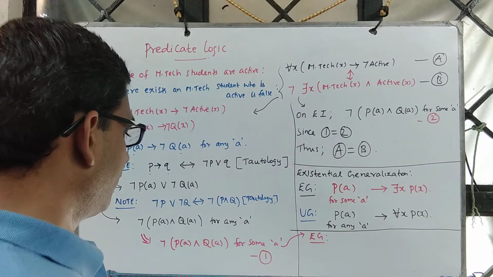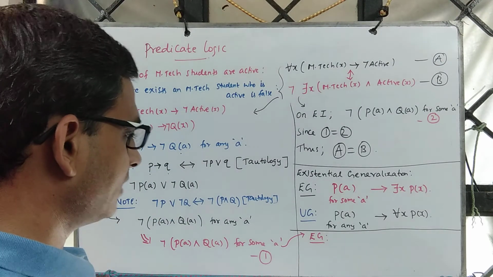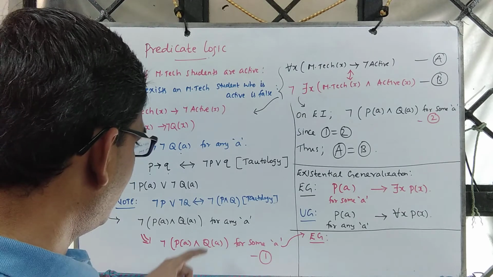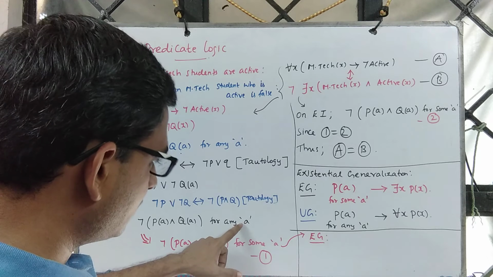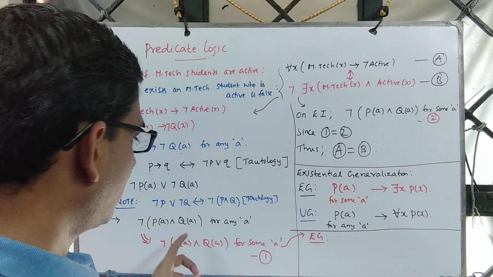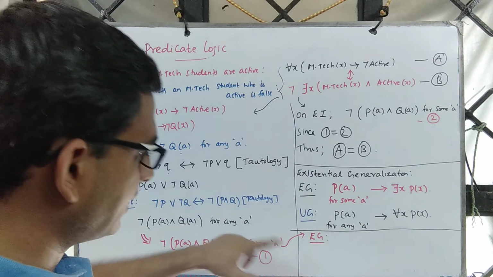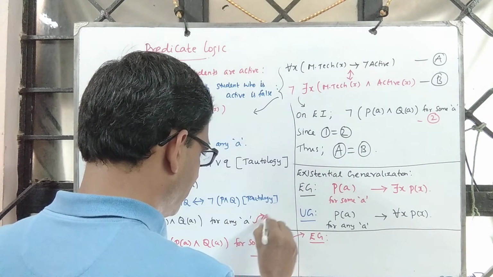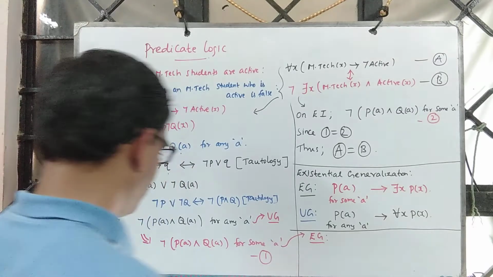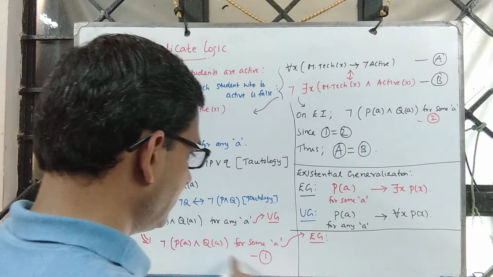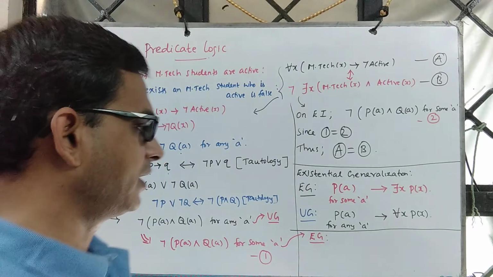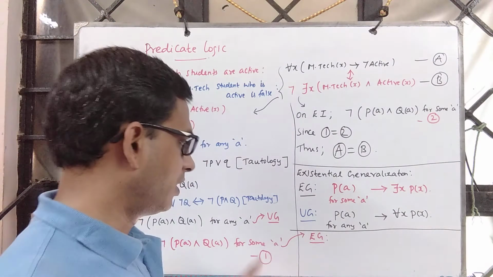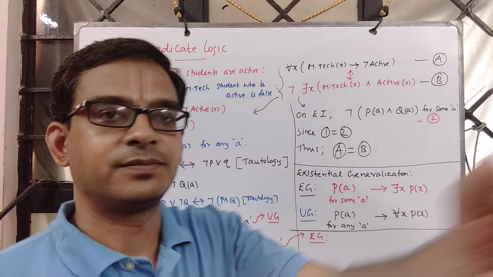When you perform existential generalization, let's see what happens. And from this also one can perform, and then it becomes universal generalization. If you try generalizing this, it becomes universal generalization. If we try generalizing this statement, it becomes existential generalization. Let's see what happens on generalizing these statements.